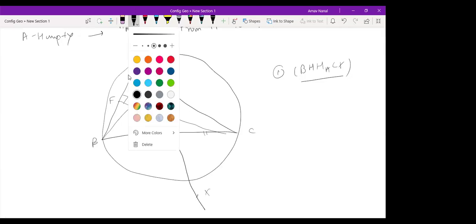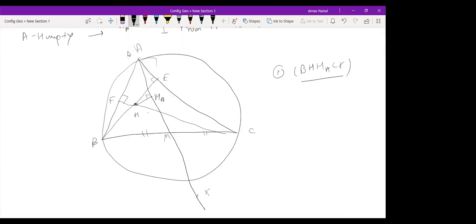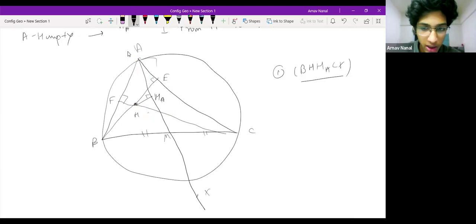So what's the first property? B, H, HA, C, and X are concyclic. X is the reflection of A about M.